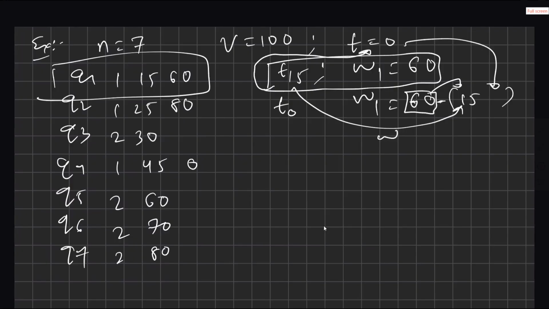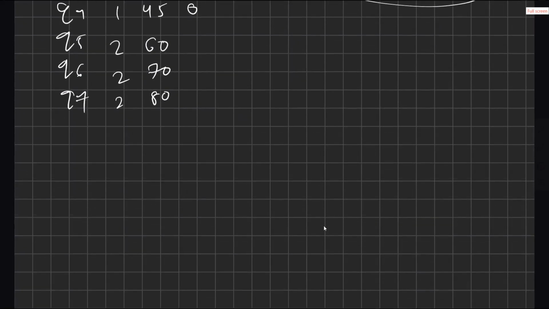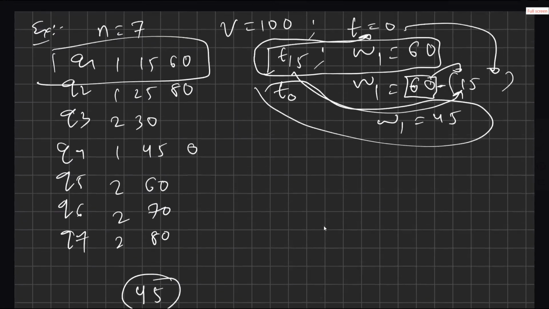So the new W1 comes out to be 45, referencing time 0. All the batteries will be referenced to time 0 and we'll be calculating the voltage. So we have a battery at time 0 inserted with an initial charge of 45. In our heap data structure, we'll insert this 45, and we have just one battery.